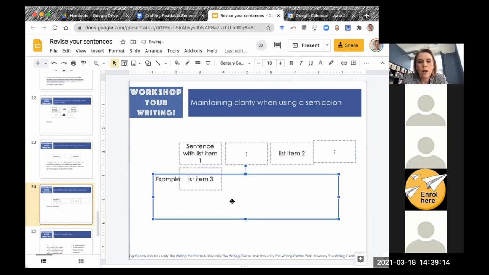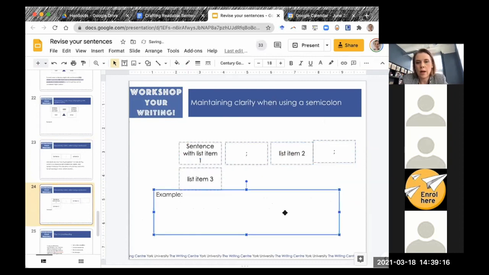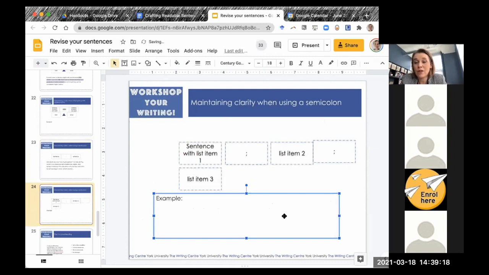The reason why you would use semicolons this way to separate list items is if your list items have internal commas.